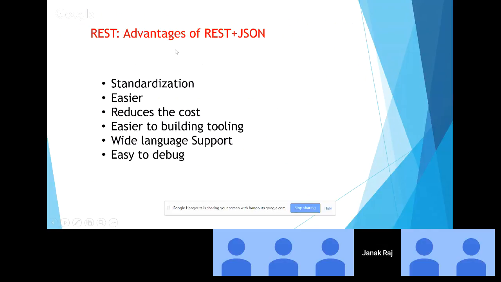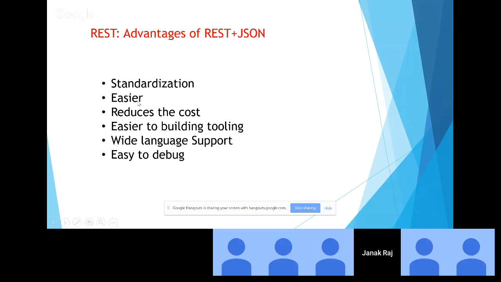REST plus JSON forces a discoverable data-oriented API design format that is standardized across the company. This helps the business pivot to new use cases and extract value from the existing data set.